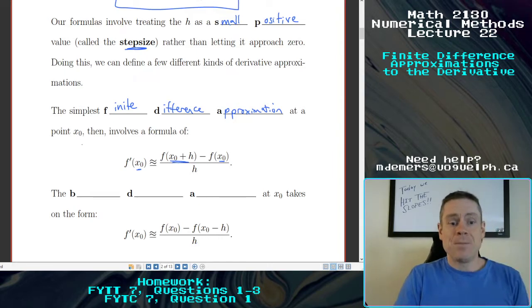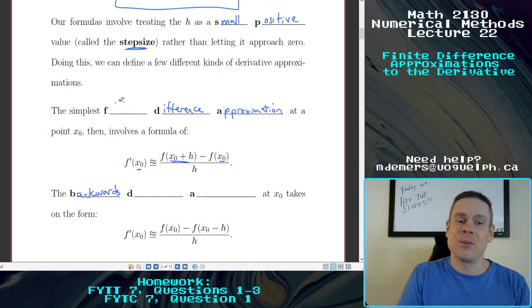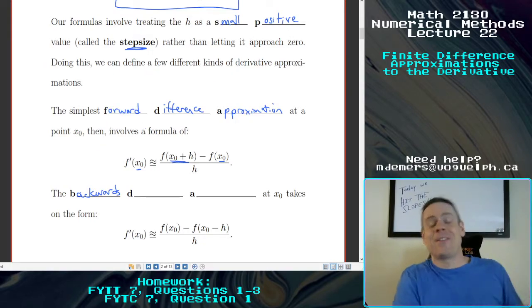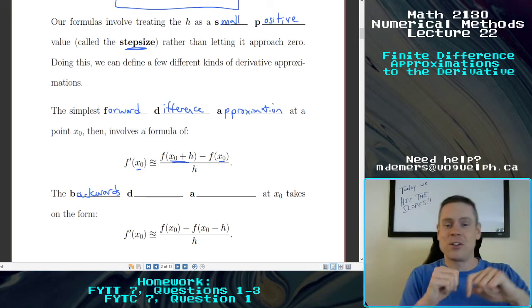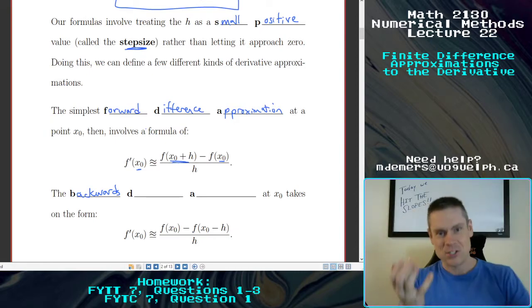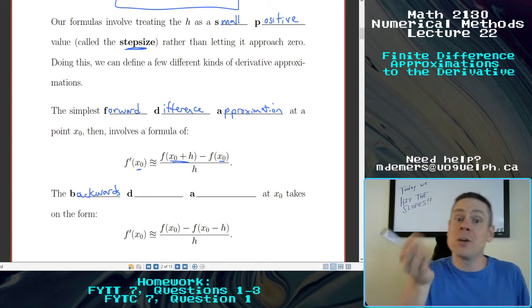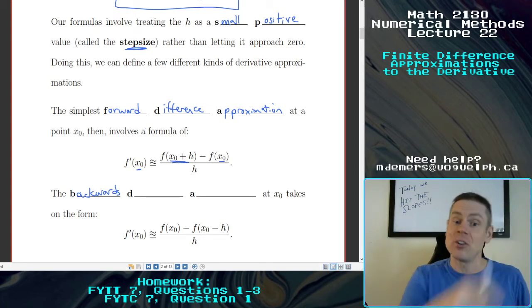Okay, the backwards. Oh, this is a finite difference approximation. This blank was supposed to be the forward difference approximation. It is a finite difference approximation, but it's a forward difference approximation because we're taking a step forward, x0 plus h, to get a nearby sampling of what the function's doing there.